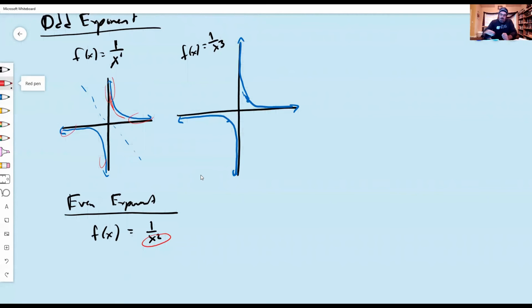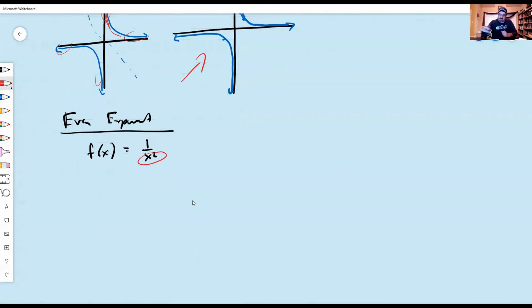Up here, one of these was a positive curve, one of these was a negative curve. Because x squared is always positive, both these curves are going to be positive. And essentially the curves are exactly the same as above, just that they're both above the x-axis.